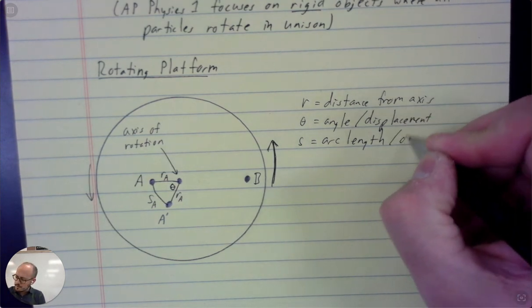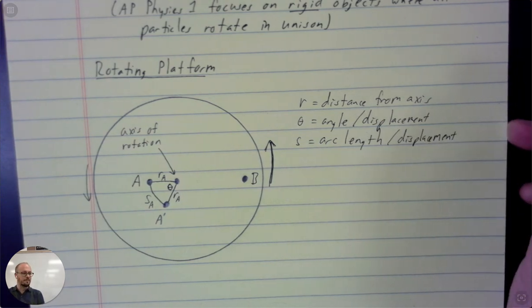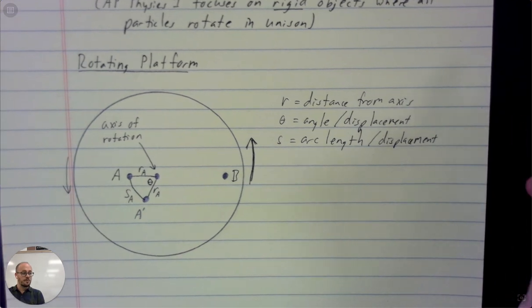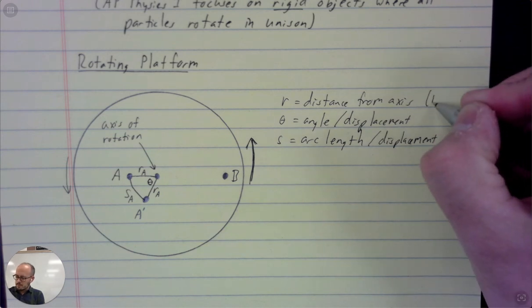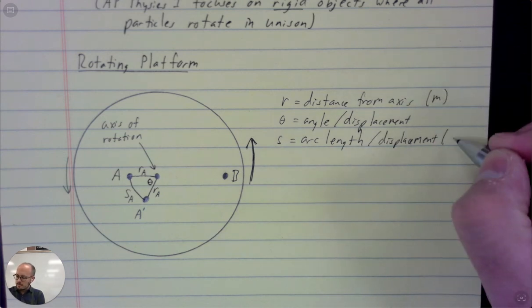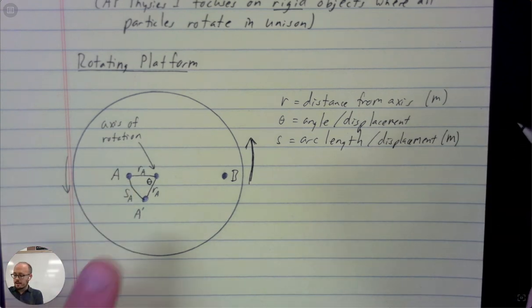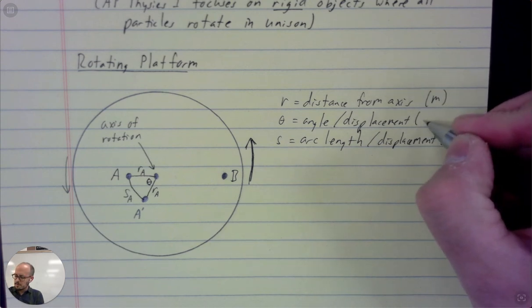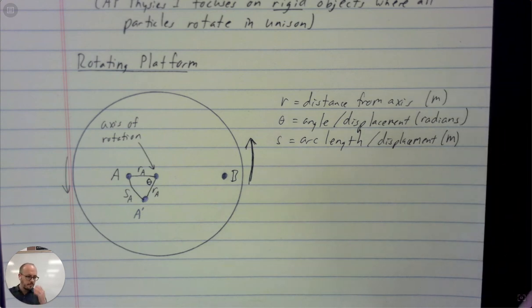So arc length and displacement are the same. Okay, so we have 3 measurements that we can make about this little rotation. The distance from the axis, which is in meters, the arc length, which is the linear distance across, which is also in meters, and then angle, which for the purposes of rotation is measured in radians. Radians isn't a unit of measurement, it's a ratio. So we will use radians for this.